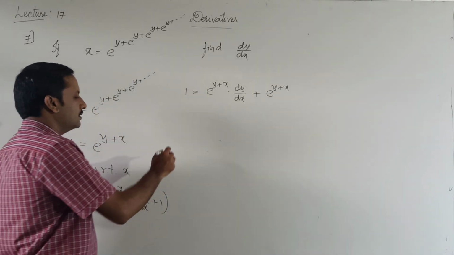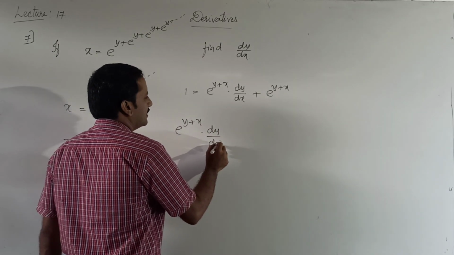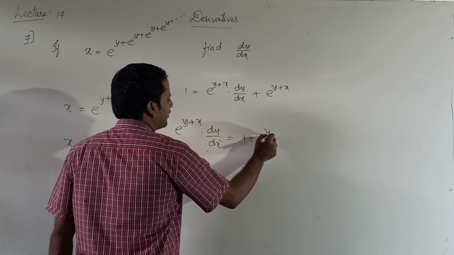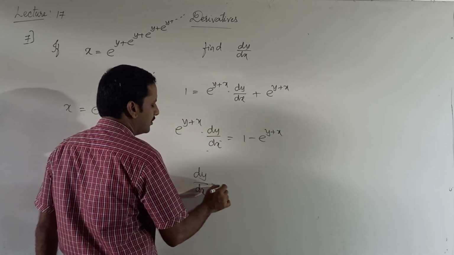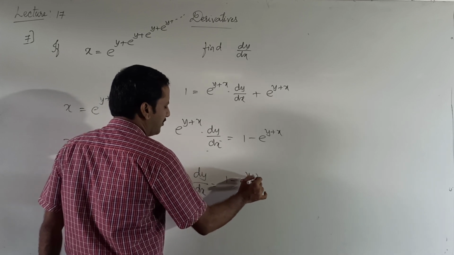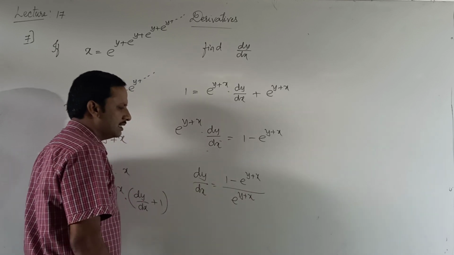So e power y plus x into dy by dx is equal to 1 minus e power y plus x. Or I can write dy by dx is equal to 1 minus e power y plus x divided by e power y plus x.